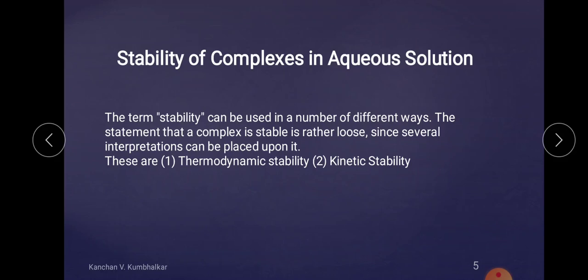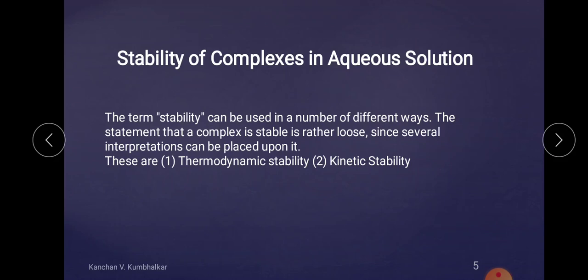But when we are talking about complexes, it becomes quite loose. Hence, the term stability cannot be generalized for complexes, since a complex may be quite stable to one reagent and may decompose readily in the presence of another reagent.